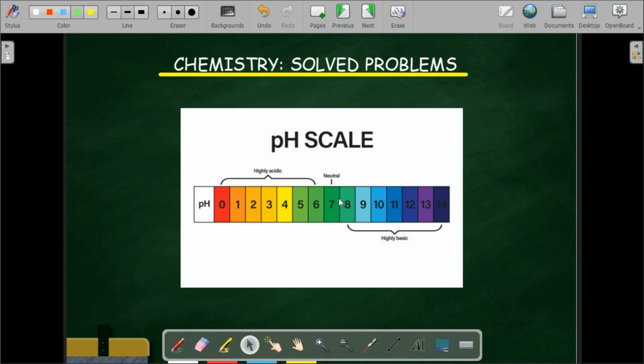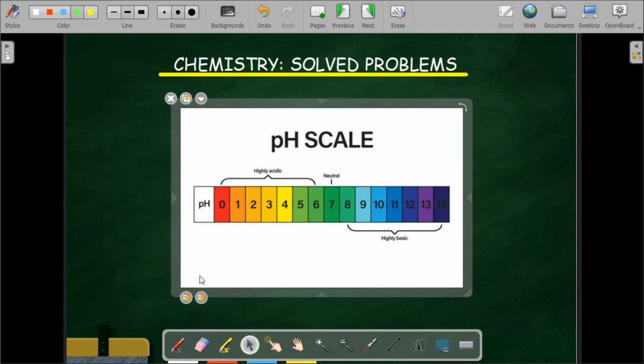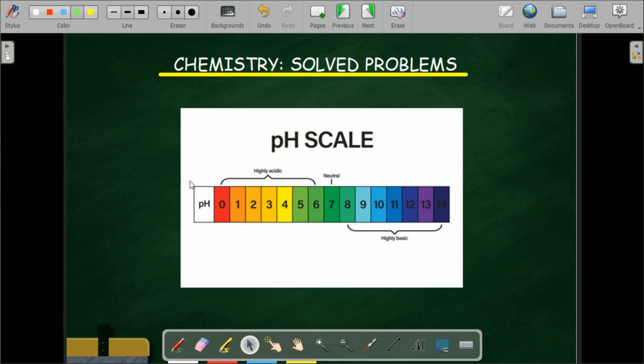Now, this is a pH scale. On the pH scale, the pH of 7 is regarded as the neutrality pH. So a substance that is neutral has a pH of 7. Okay? A pH that is less than 7 is acidic, while a pH that is greater than 7 is alkaline, or you say basic.